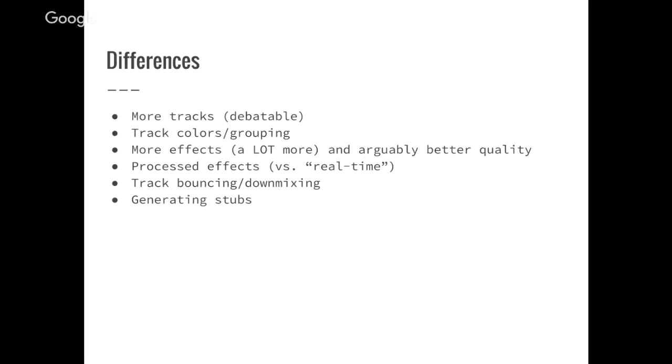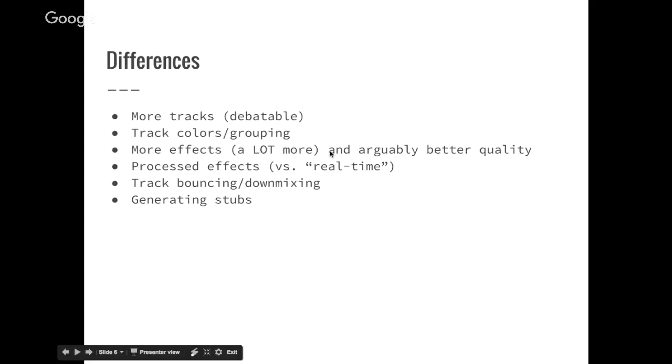Audition has the ability to deal with more tracks. Again, that's debatable; really, you're only limited by how much memory you stuff inside your computer. But like I said, Audition just does audio. You have the ability to color tracks and group them a little more easily inside of Audition.